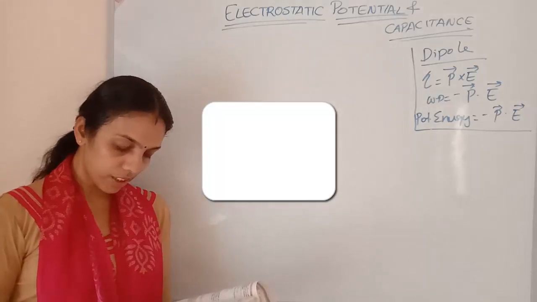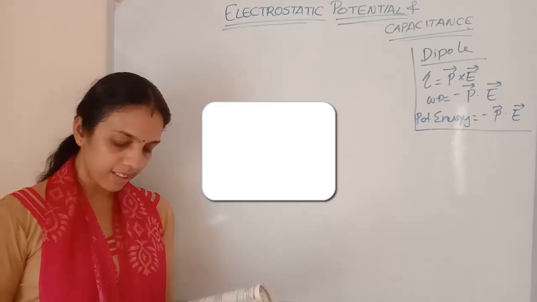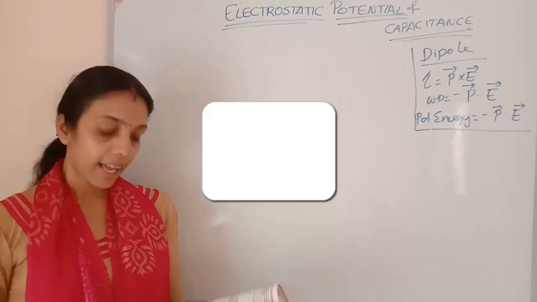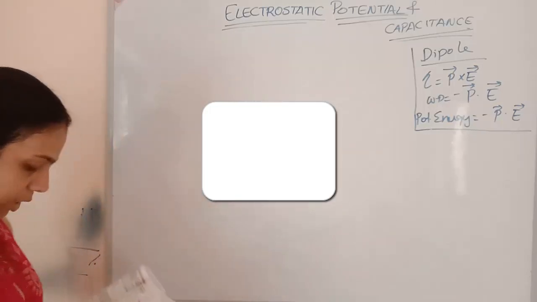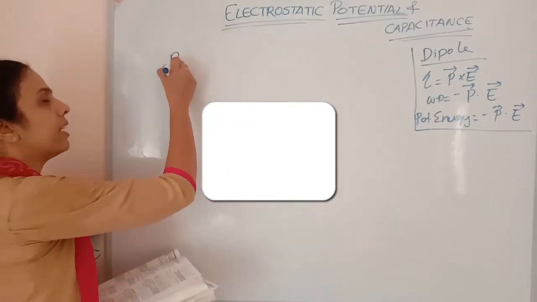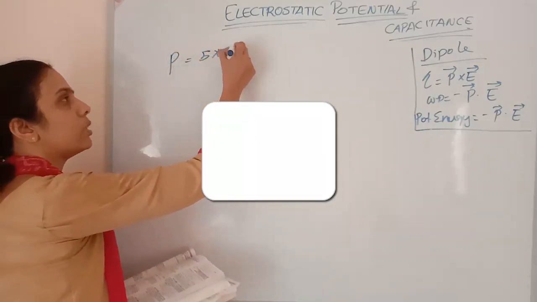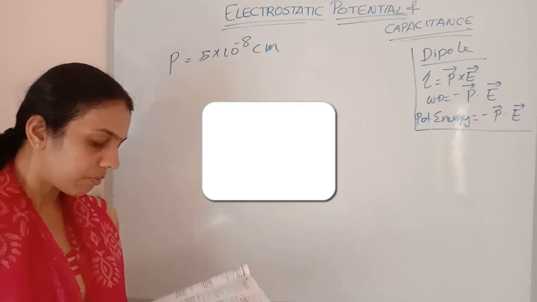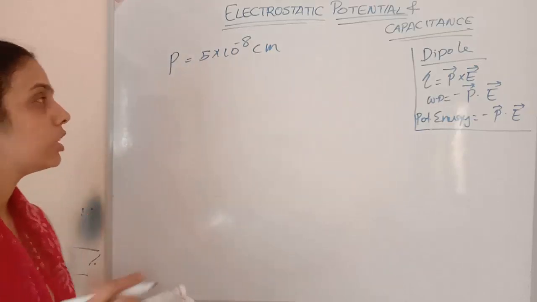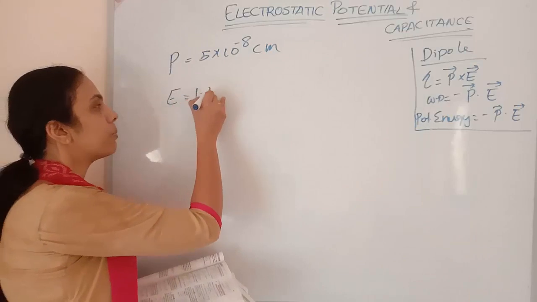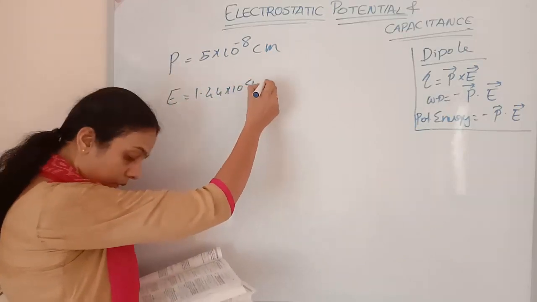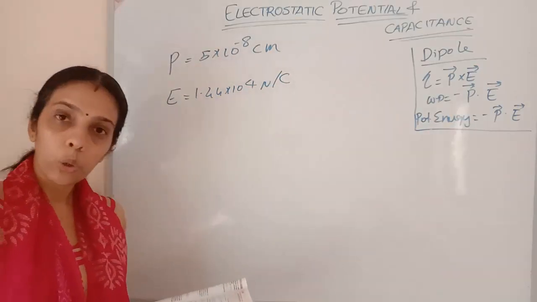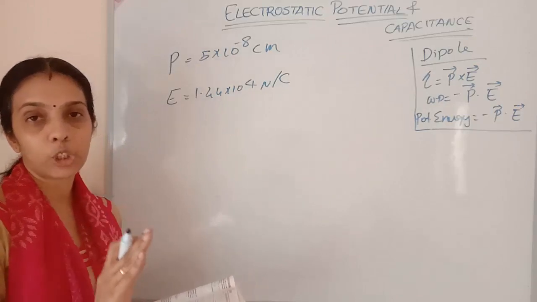Calculate the potential energy of the dipole to hold the dipole at 60 degree with the direction of the electric field. So the electric dipole moment P is 5 into 10 to the power minus 8 coulomb meter, and the electric field equals 1.44 into 10 to the power 4 Newton per coulomb.